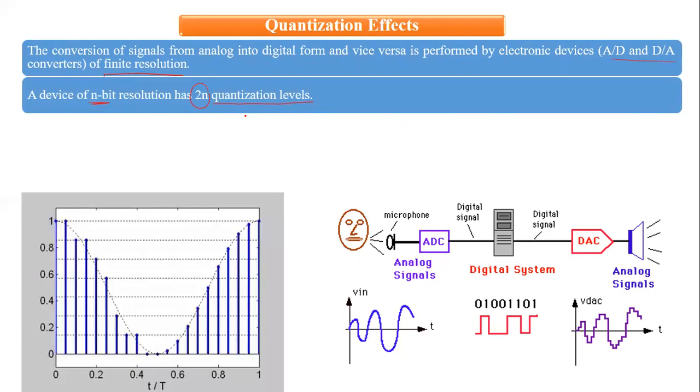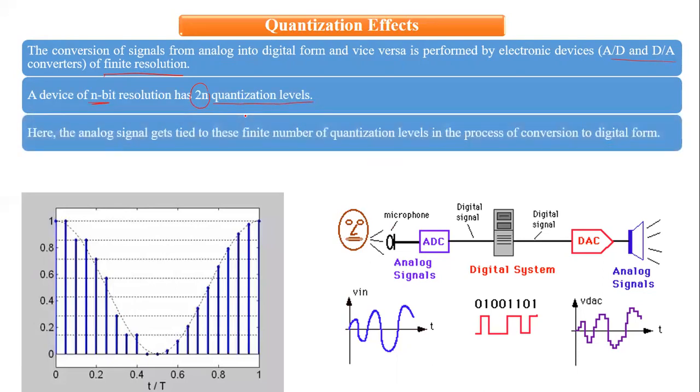That means that many values we can round off for the given sample data. So the analog signal is basically converted or quantized based on the resolution of the A to D converter, to get the digital form of the analog signal, right.